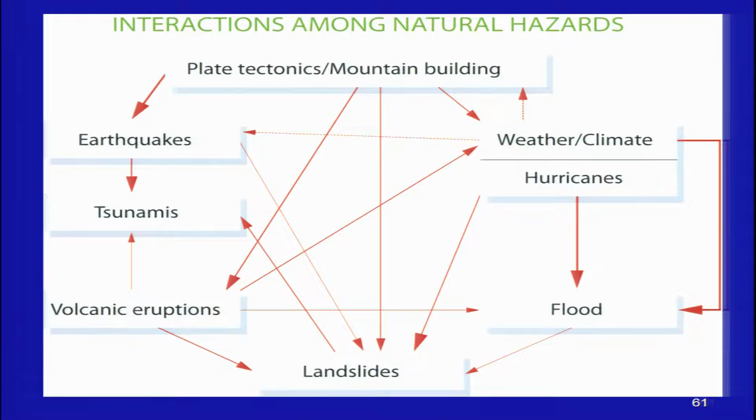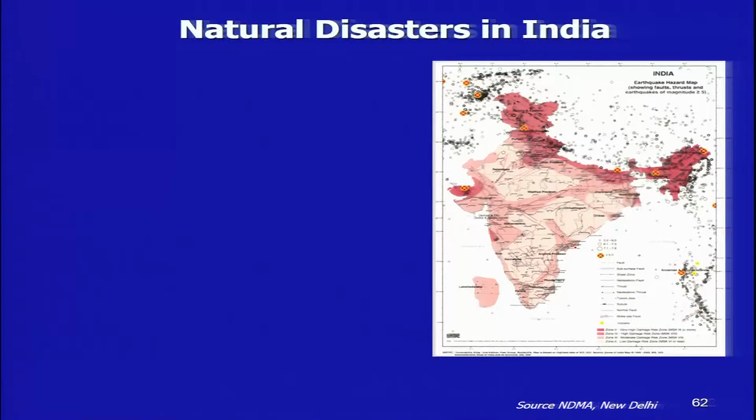If you disturb one, another is going to be affected. This is a very important slide which you should look at carefully, which talks about the interconnection amongst the natural hazards.